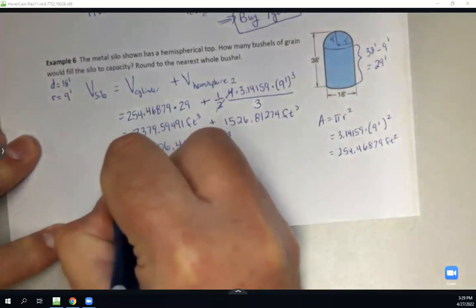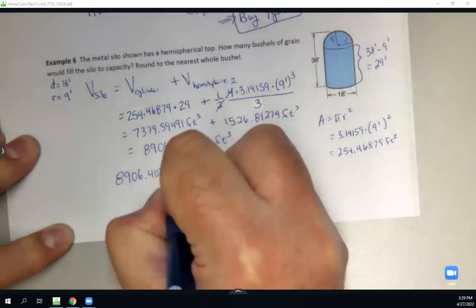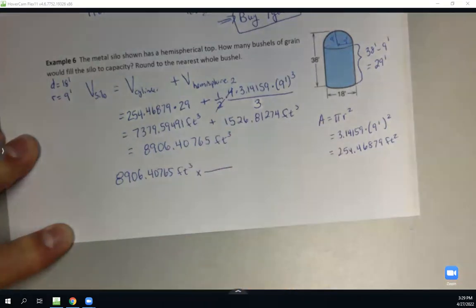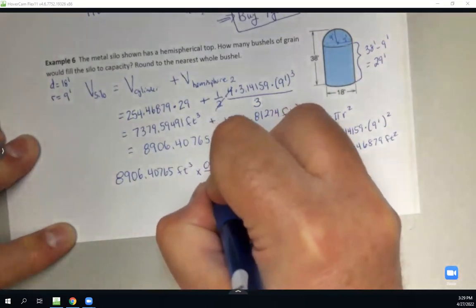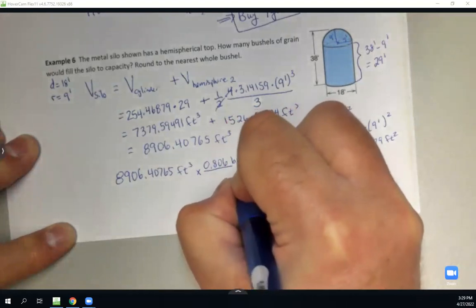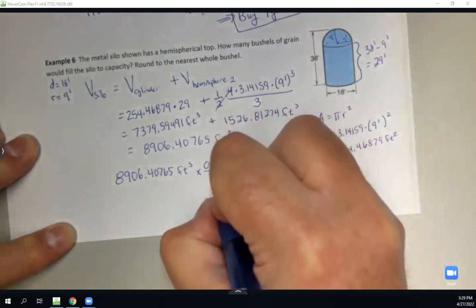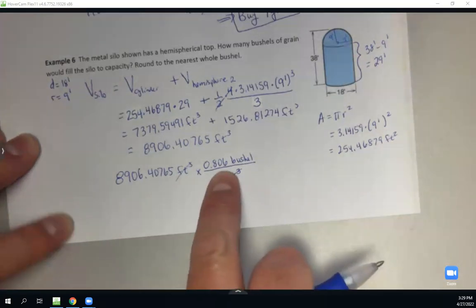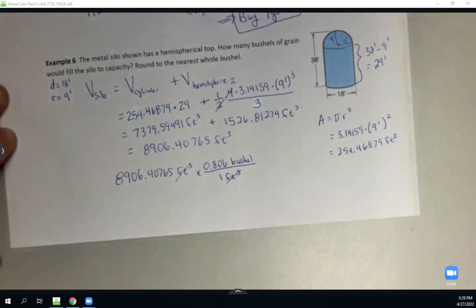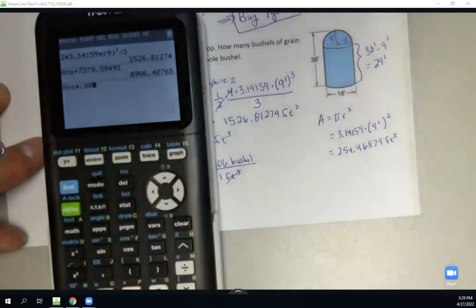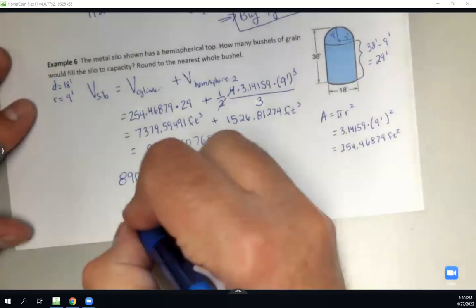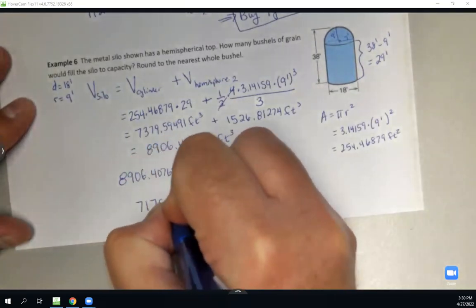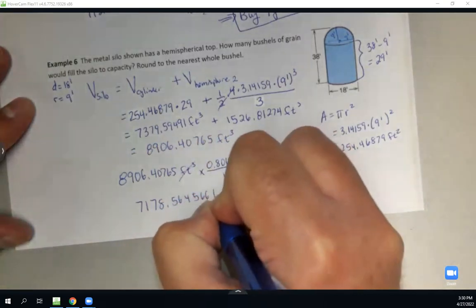So if I take the 8906.40765 cubic feet, and if I use a unit multiplier, again, 0.806 bushels in 1 cubic foot, so cubic feet will cancel, and I just got to multiply this by 0.806. So that is 7,178.56 bushels.